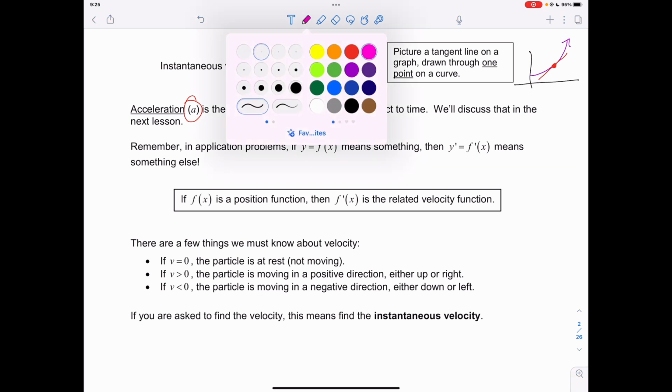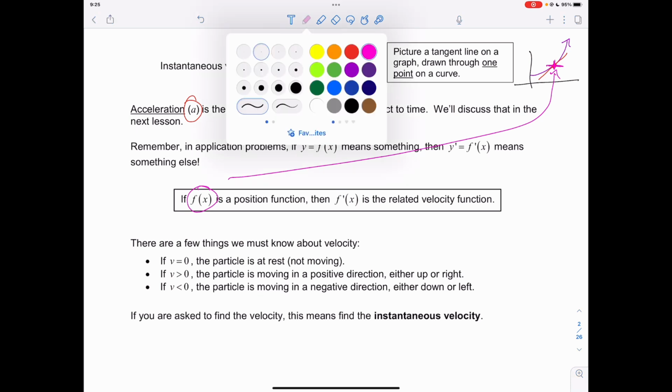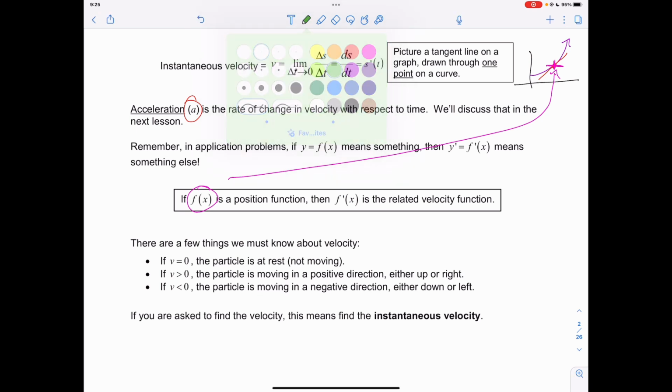So f of x is the position at a specific time. Like if we are looking up here, there is the exact position at that exact time. f prime of x for the same one is going to be what is the slope at that exact point.